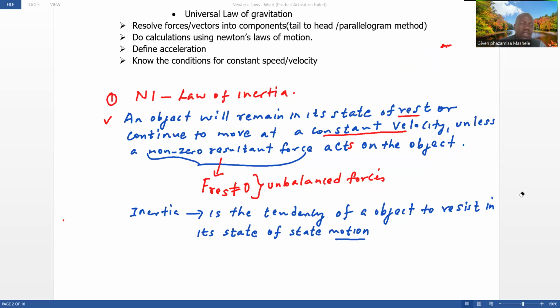It's imperative to be able to define this. Imagine a grade 12 learner not knowing how to define the first, second and third laws of motion. They're just free marks. So you need to be able to state Newton's first, second and third laws of motion.